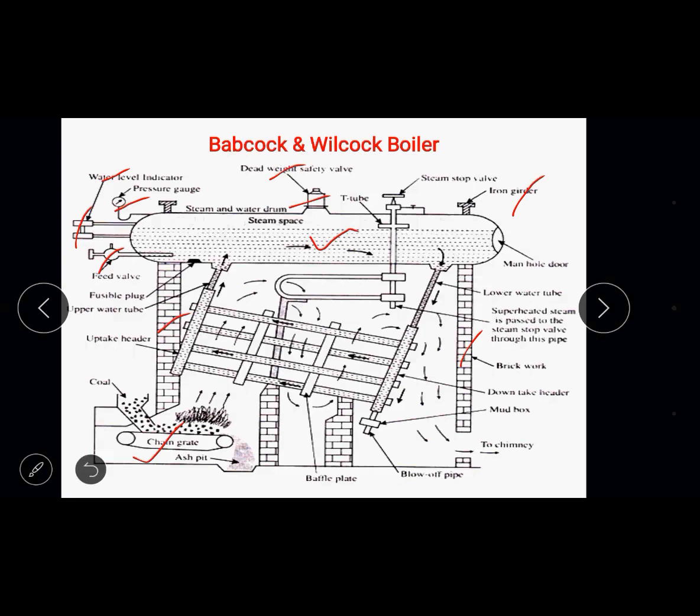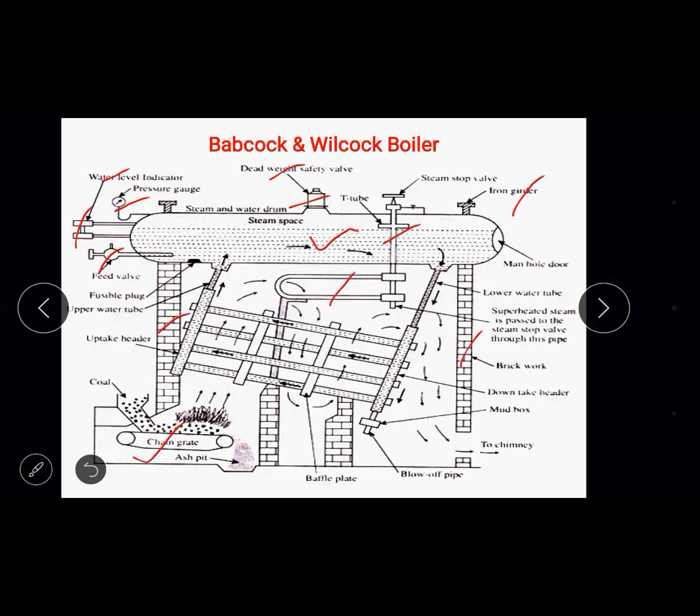Coming to the next part, you find this T-tube, and then you find one U-shape superheater. So what is the function of this T-tube and what is the function of the superheater? As I told you, in the boiler drum, since it will be heated to saturation temperature, it may not be possible to achieve superheated temperature.